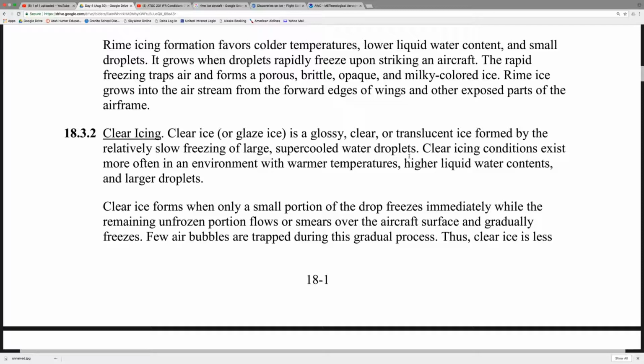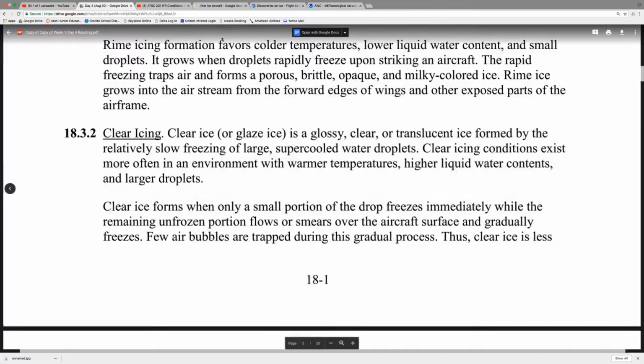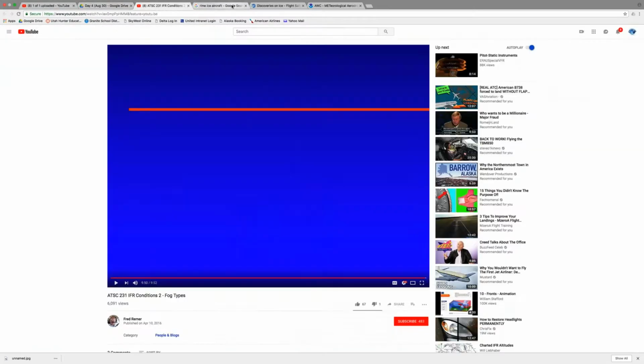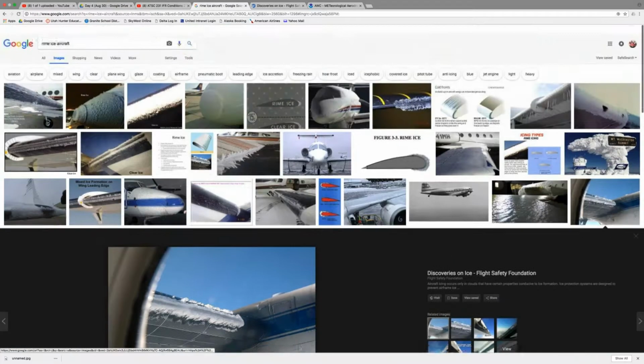That's rime ice, right? So glaze or clear ice, it hits the aircraft and just moves back across the wing of the aircraft. Sometimes you have pretty long runs of this clear ice that kind of wrap around the wing.